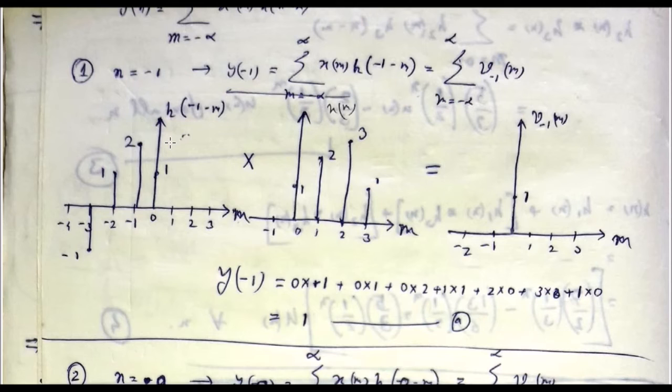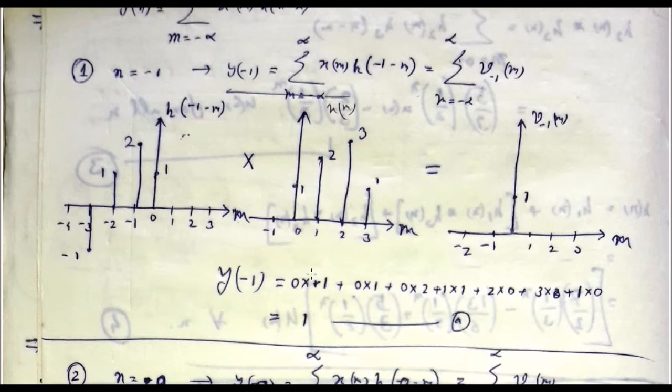Multiply these two signals sample by sample, because within the summation you have to multiply them. The first sample of h was at -3, but at -3 xm does not have any sample, so -1 multiplied by 0.